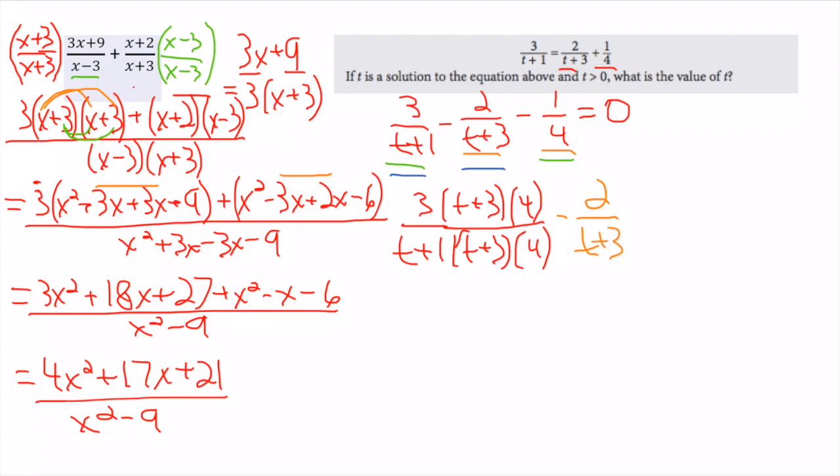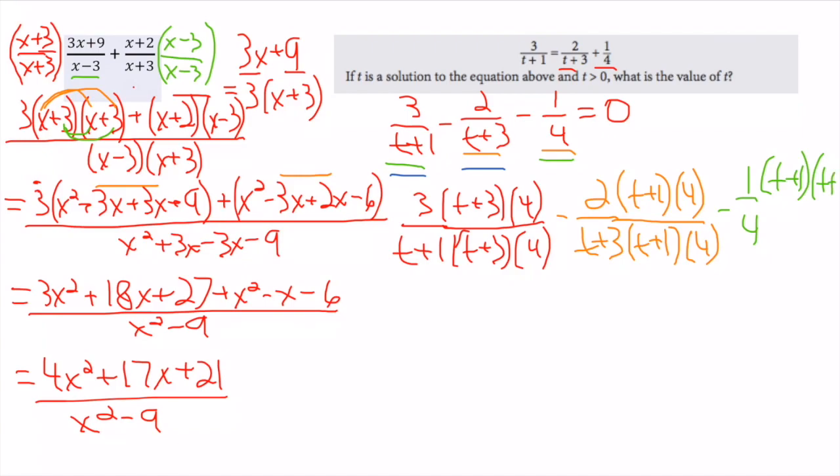Now I'm multiplying by t plus 1, and again 4. And I'll do the same with my third term, so minus 1 over 4. I'm going to multiply t plus 1 and t plus 3, the same thing, t plus 1, t plus 3.